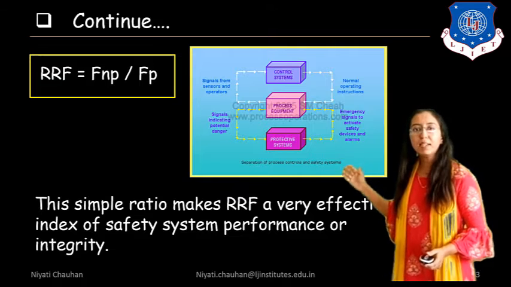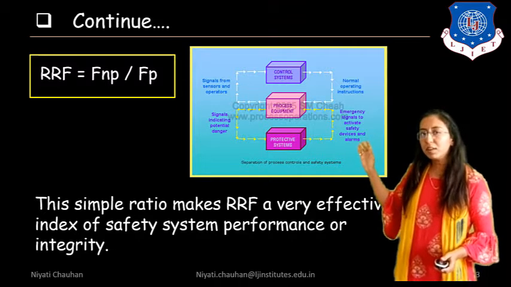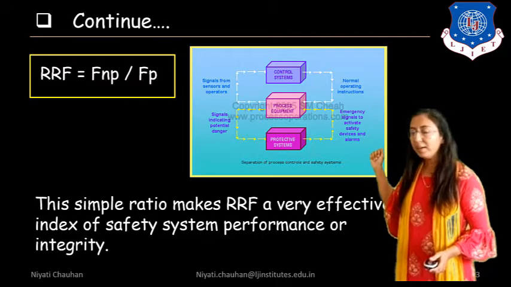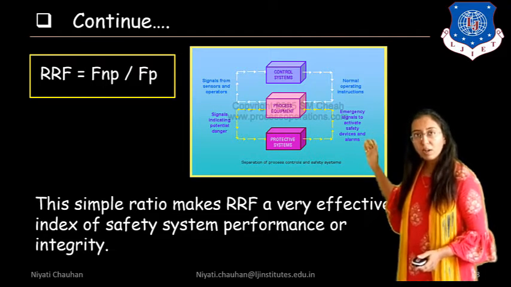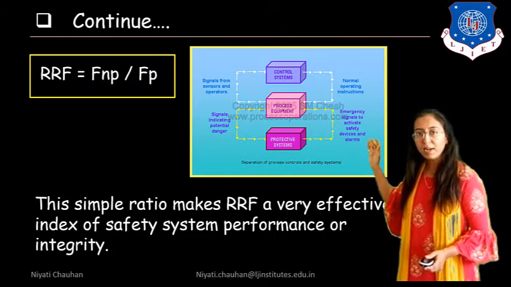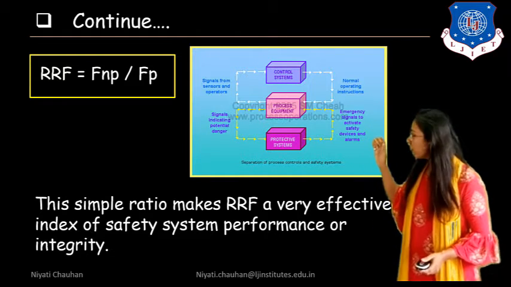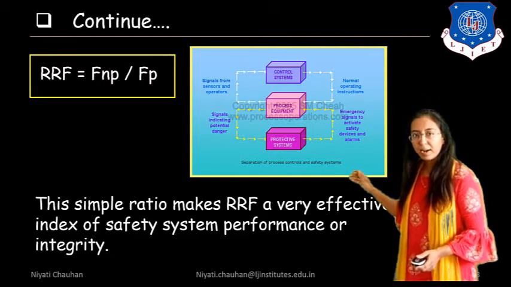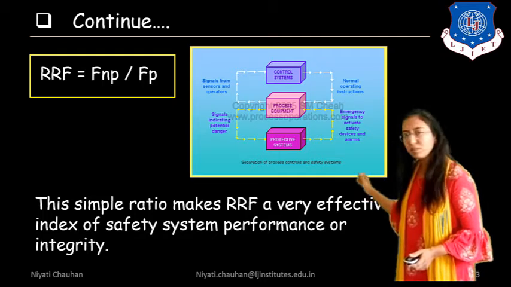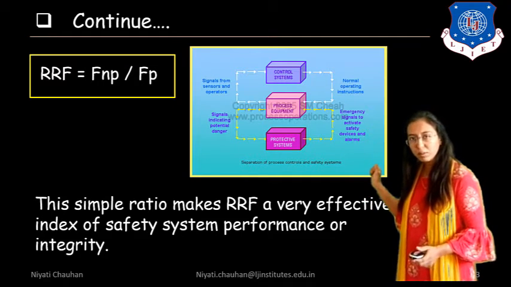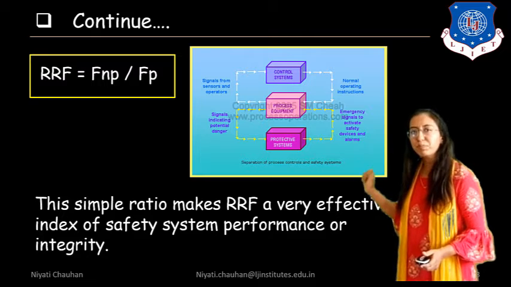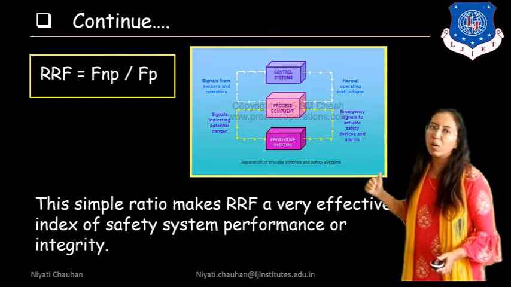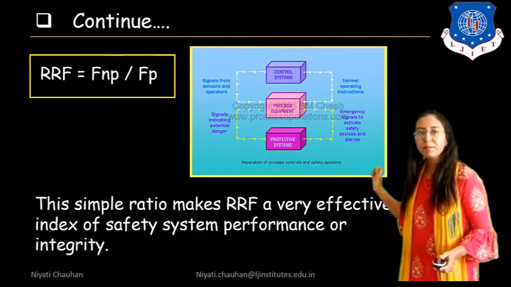So here you can see in the diagram, process equipment to signal sent to the control system, right? So this is called F_NP, right? Then process equipment to signal sent to the safety system, right? And safety system to signal sent to the process equipment is called F_P. So F_NP upon F_P is called the risk reduction factor.